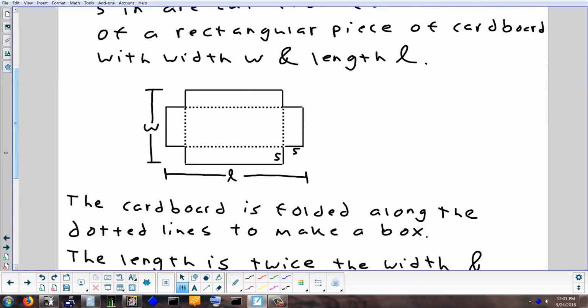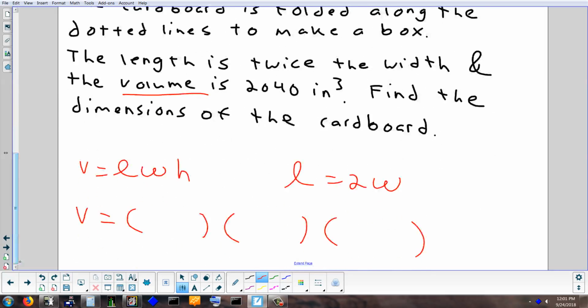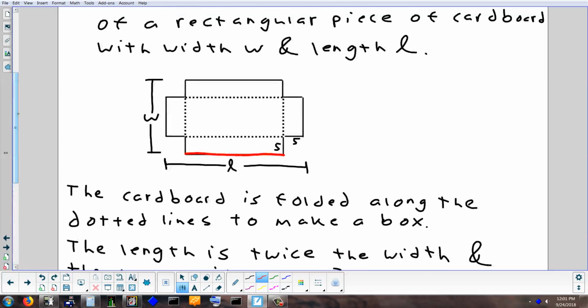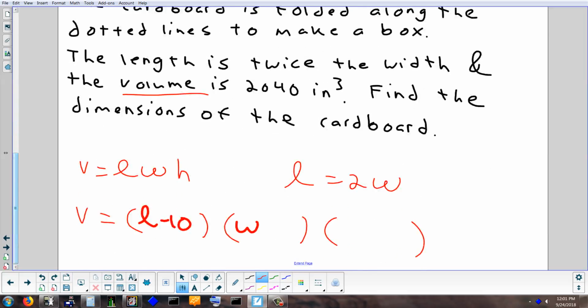So anyone think they could tell me how long that is? Yeah. It's going to be L minus 10. So L minus 10. And how about the width? It's kind of the same idea. That's my width, yeah. W minus 10. Yeah, it's going to be W minus 10.